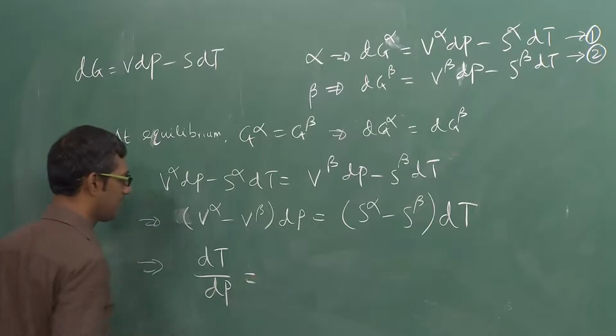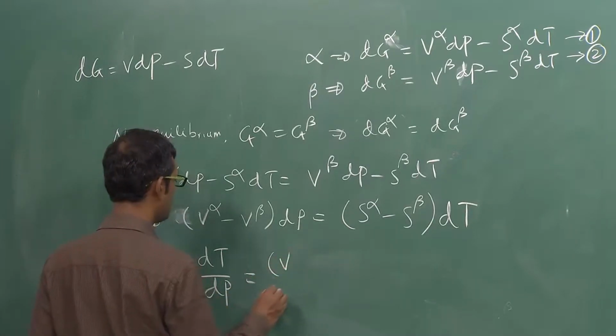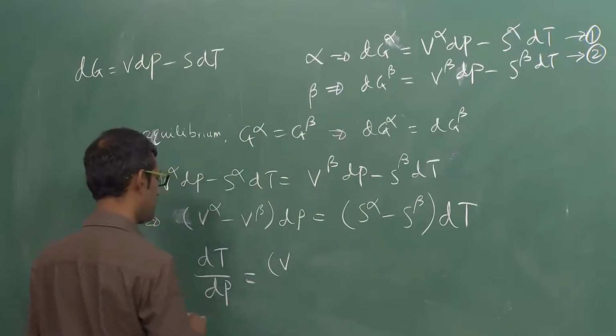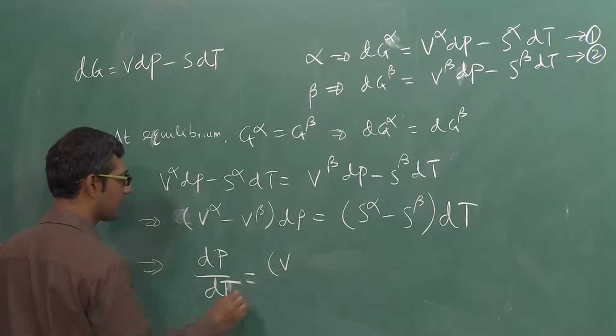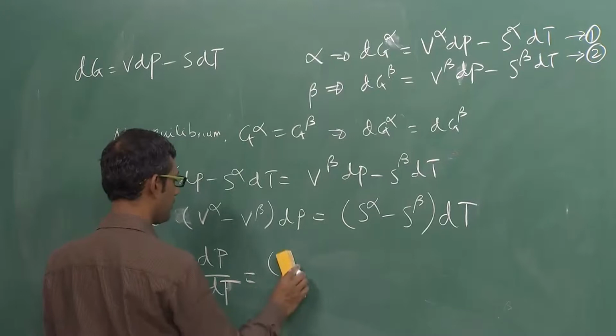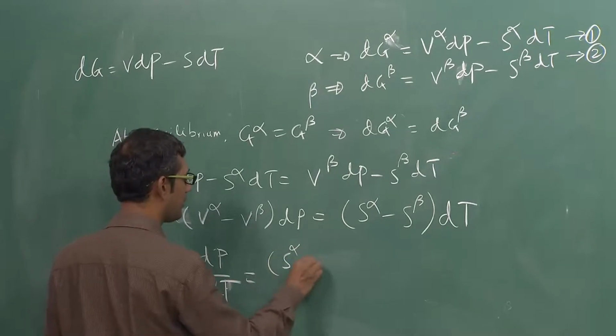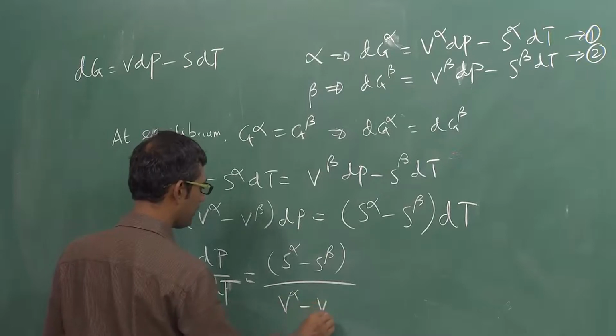So therefore we can see dT by dP is equal to, it is better to write it with P because you are all used to the Clausius-Clapeyron equation which you are going to derive. So that is nothing but S alpha minus S beta divided by V alpha minus V beta.